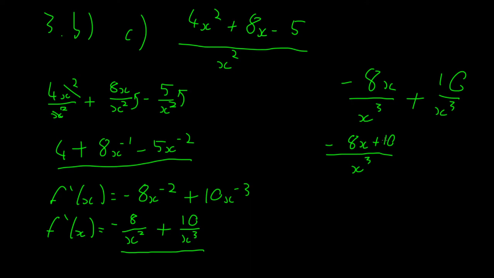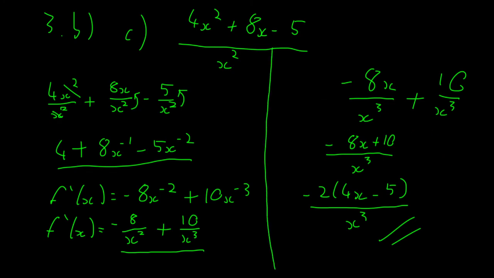And if you want, you can pull out a common factor of minus 2. And it'll look like this. So minus 2 times 4x plus minus 5, on x cubed. There you go, that's the derivative of that.